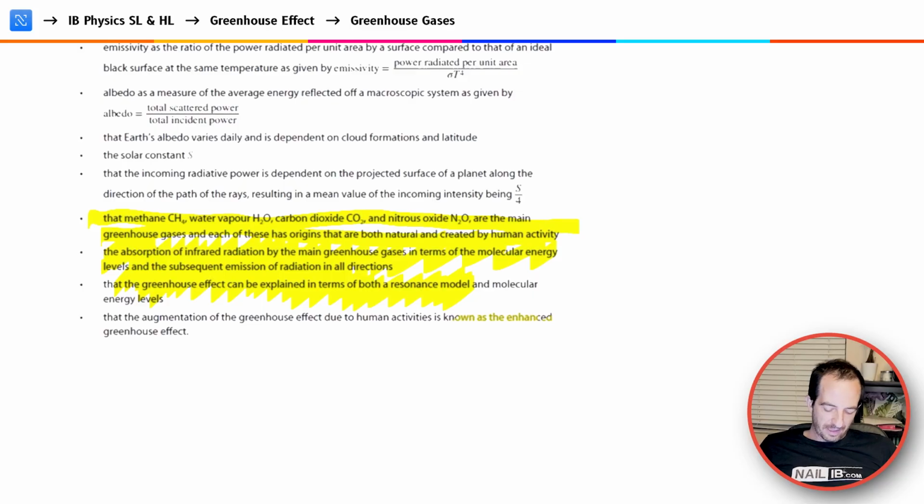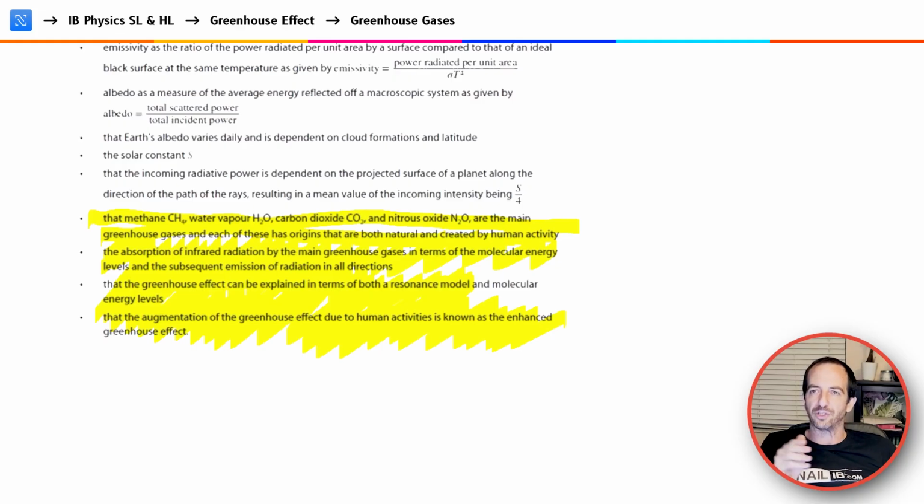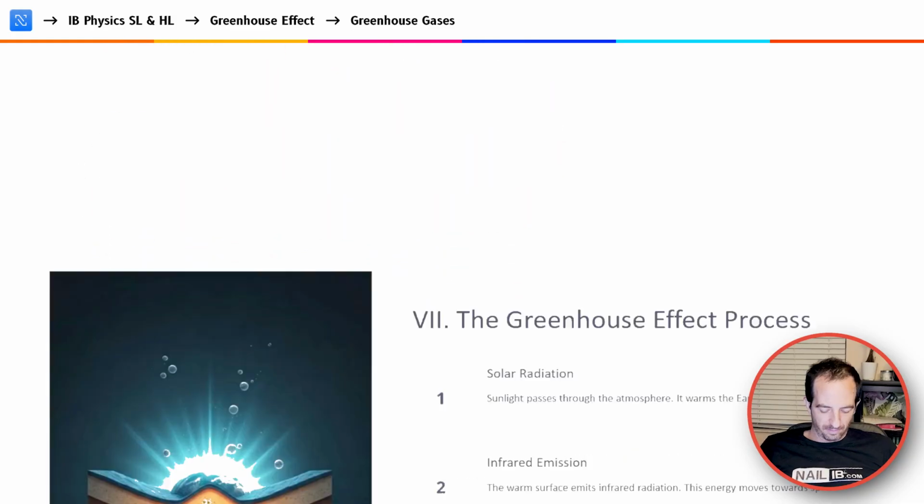And all of this, we said, in general, human activity enhances these effects, right? We contribute greenhouse gases to the atmosphere, which contribute to the absorption and re-emission of infrared radiation, which is coming from the reflection off of the Earth's surface. Some of those greenhouse gases will absorb this infrared radiation and re-emit it in all directions, some of which comes back to our planet.